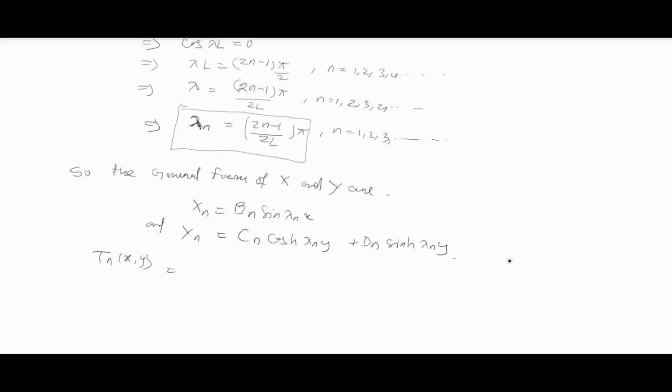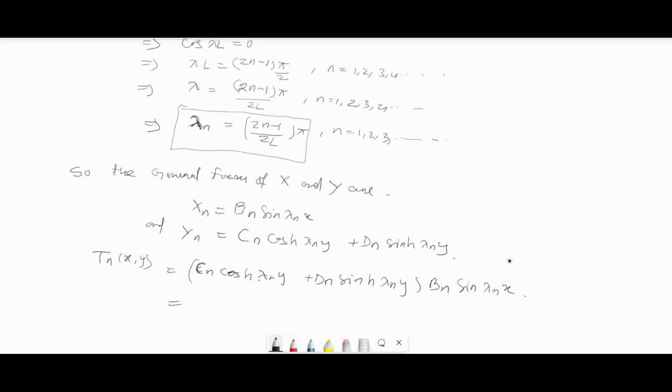So write them: cn cosh(lambda n y) plus dn sinh(lambda n y), into bn sin(lambda n x).